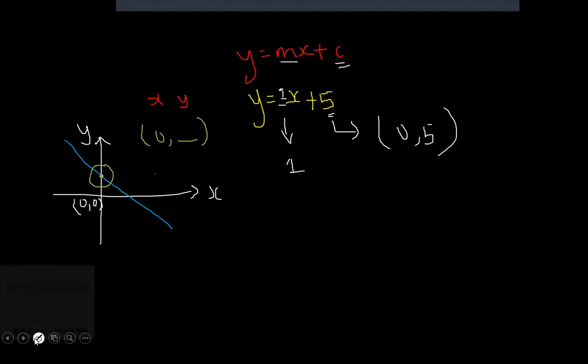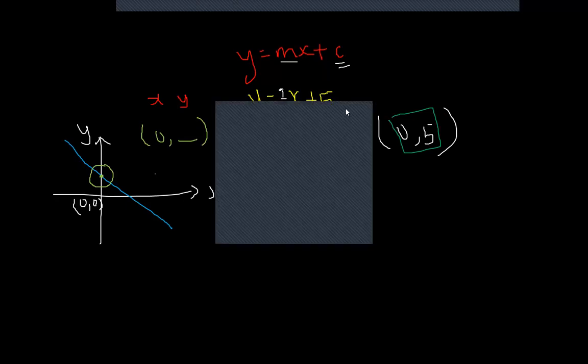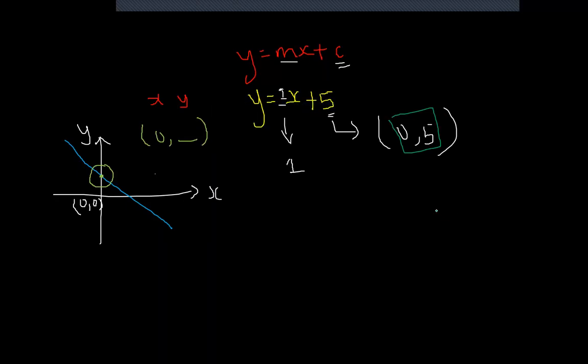Now what I want to show you is why it is like this. Why is it 0, 5? We did all this already, yeah? Say this is 5, the value of y. Okay, so that answers why 5 is the value of y. But why is x 0? Because look at this.